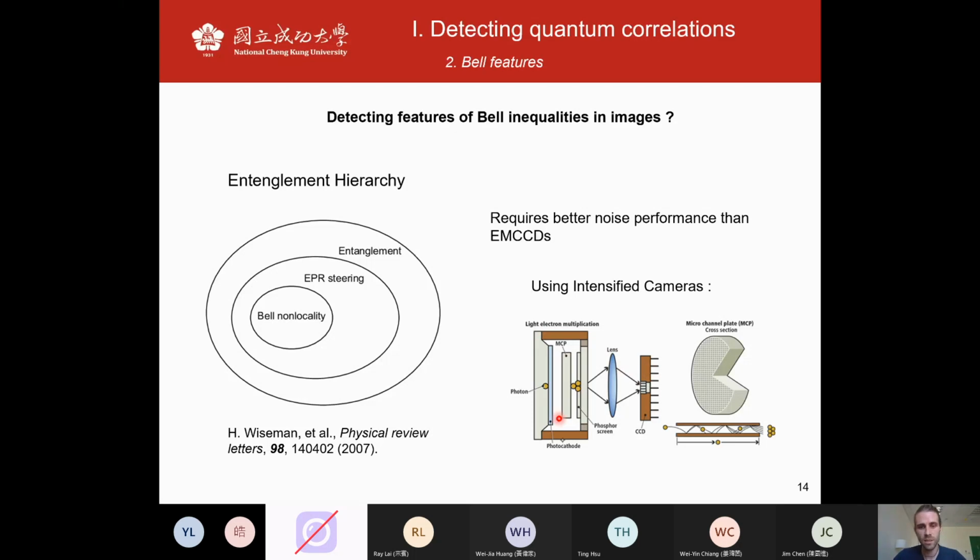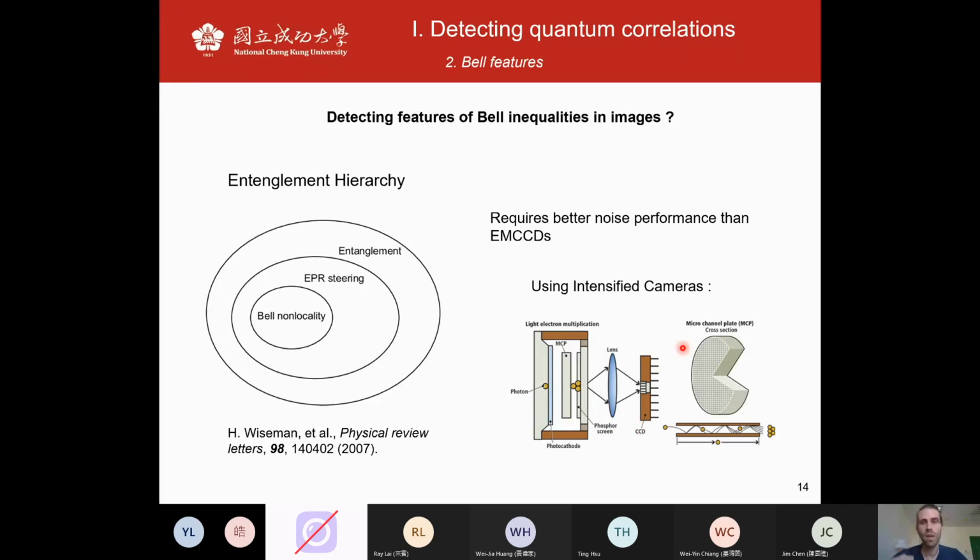A photon is incident on the photocathode here, and we generate an electron that is then multiplied in a microchannel plate. So you've got one photon incoming, many electrons here, and we convert those many electrons back into a flash of light on a phosphor screen. This flash of light is easily detectable, above the noise threshold of the camera.